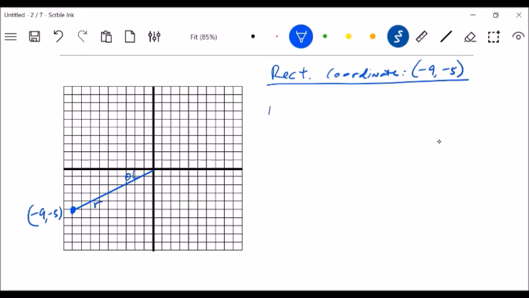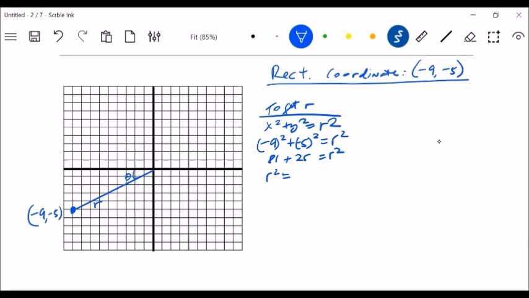So in order to do those, to get r, I need to do x squared plus y squared equals r squared. And I already know x and y. -9 squared plus -5 squared equals r squared. The negatives will cancel. I have an 81 plus a 25 equals r squared.